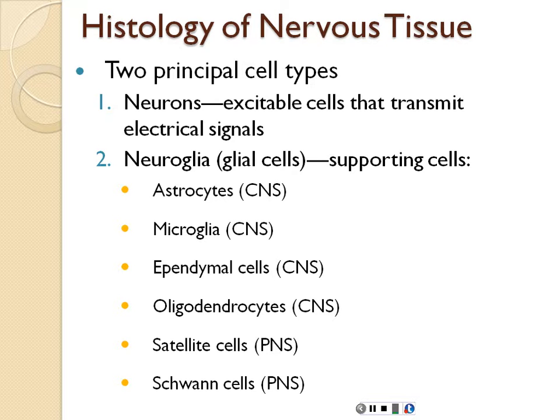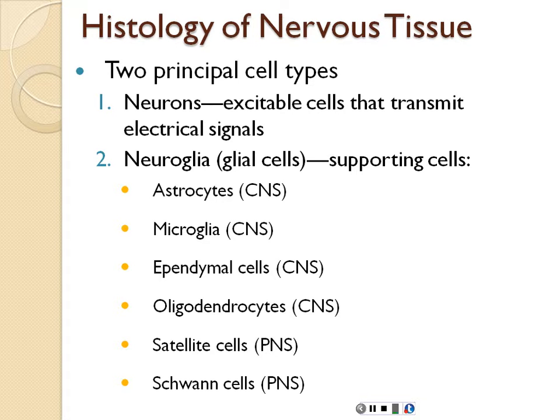by transmitting electrical signals. Neuroglia, so the nervous system is not only made up of neurons, they're the important cells that actually transmit signals, but without the neuroglia, they wouldn't be able to do their job. So neuroglial cells are the other cells, which are referred to as supporting cells of the nervous system.